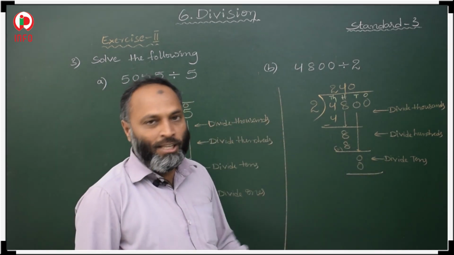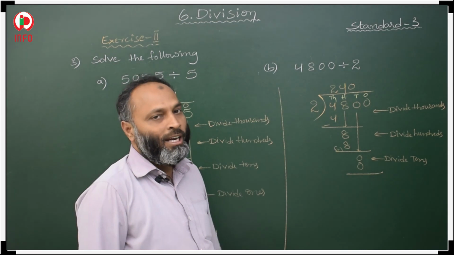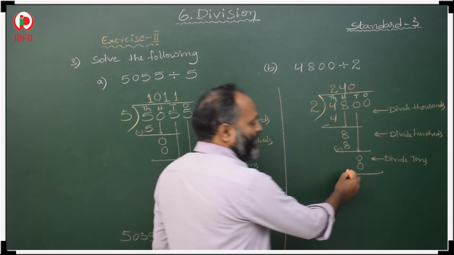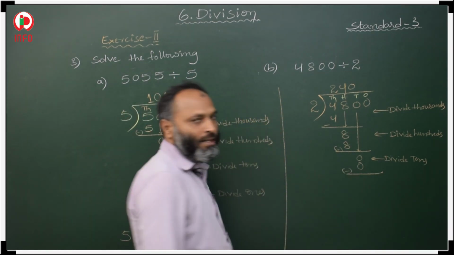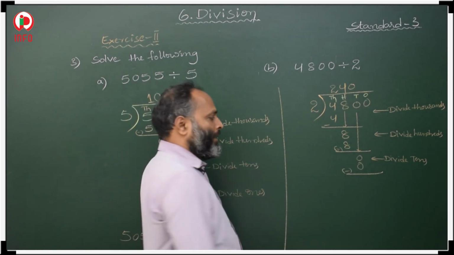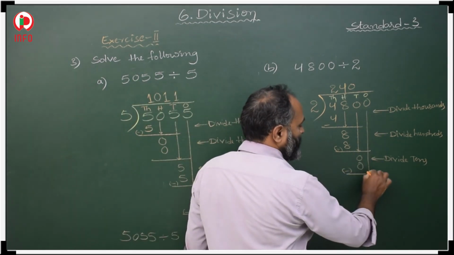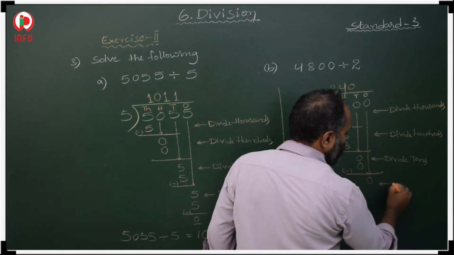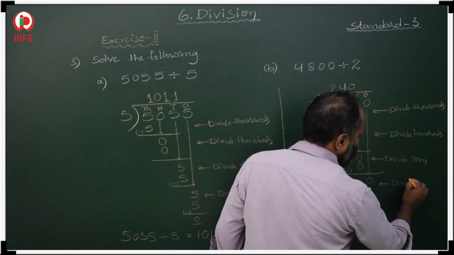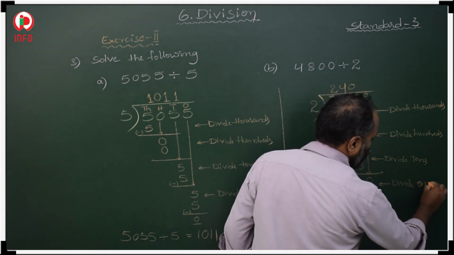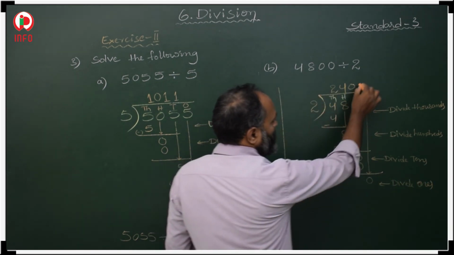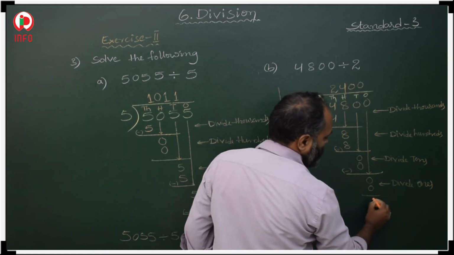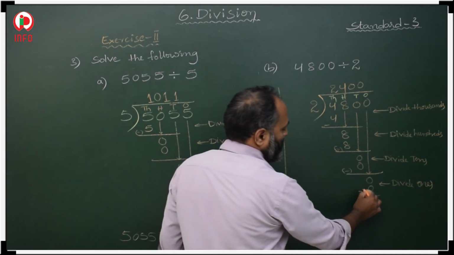If 0 is there, then 2 zeros are 0, whatever the dividend is, the divisor we have to multiply with 0. Then after that divide ones, then 2 zeros are again 0, 0 minus 0 is 0.